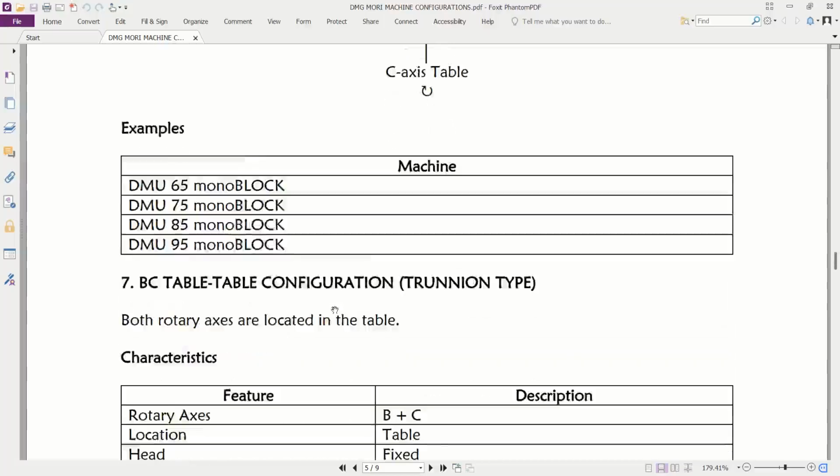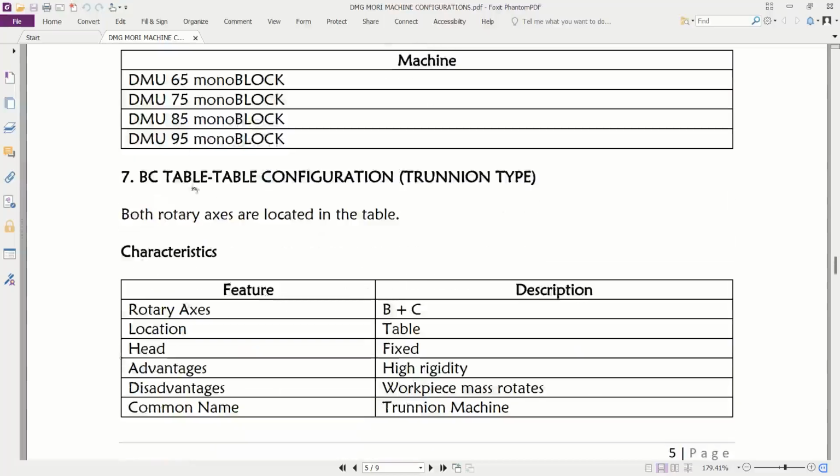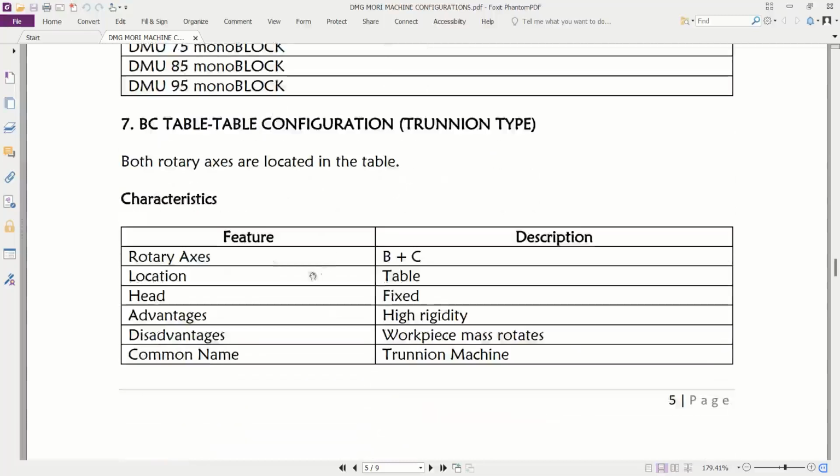Ours is a BC table configuration, which is using a trunnion type, where the B is able to tilt along the Y axis, and the C is able to rotate along the Z axis. And normally you find the head is fixed. Our head is fixed. The head cannot tilt.